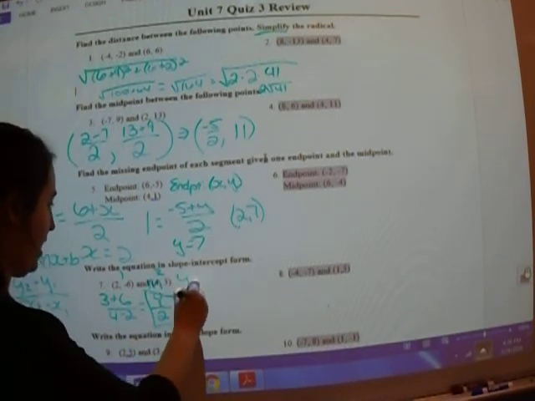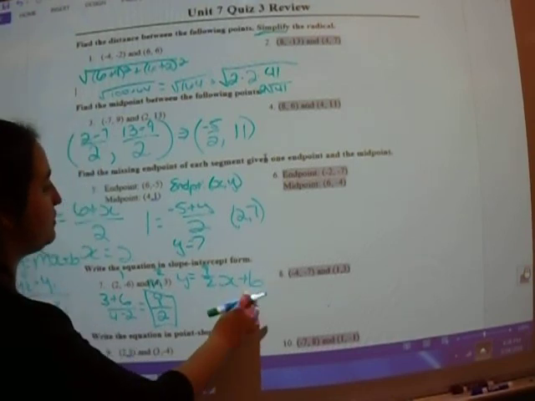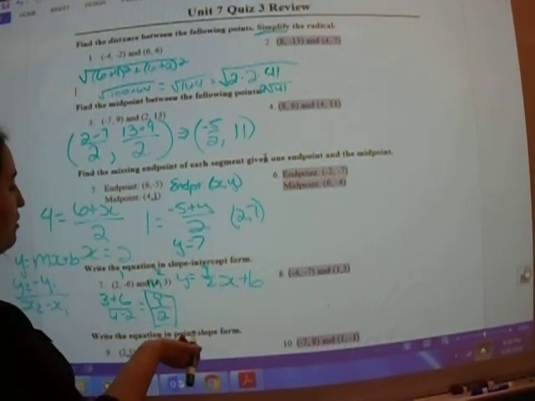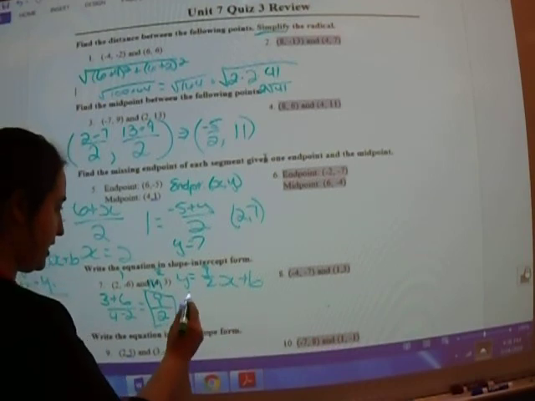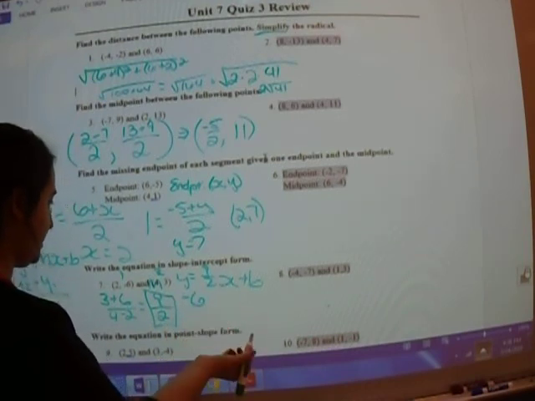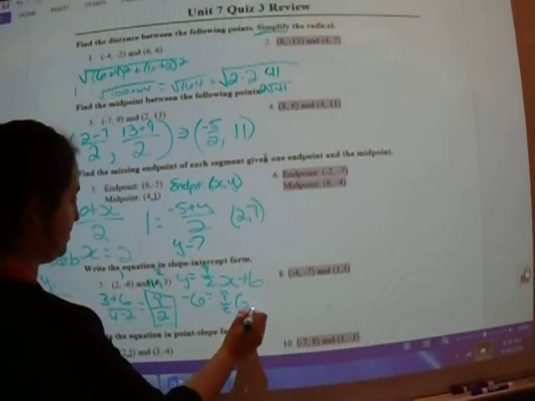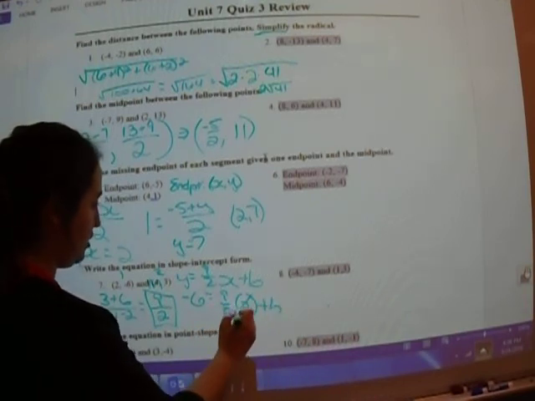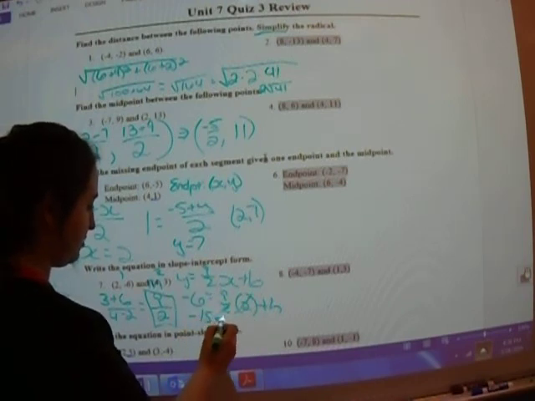Alright, so now I have y equals 9 over 2 x plus b. I still need to figure out what that b is. So I take either one of the points, it doesn't matter which, you get the same answer, and I stick it in. So -6 equals 9 over 2 times 2 plus b. These cancel, subtract 9, -15 equals b.